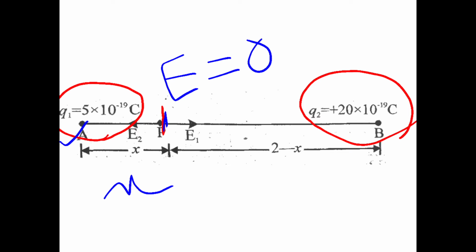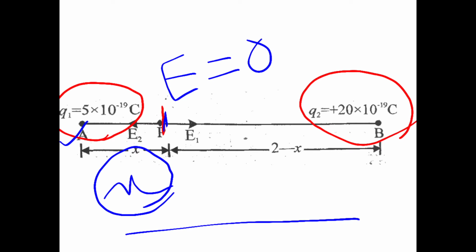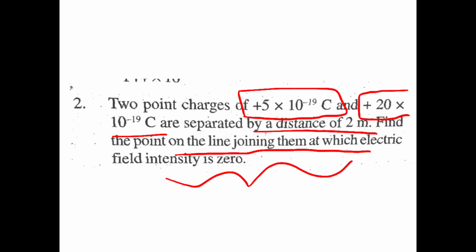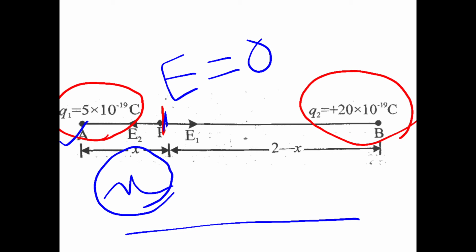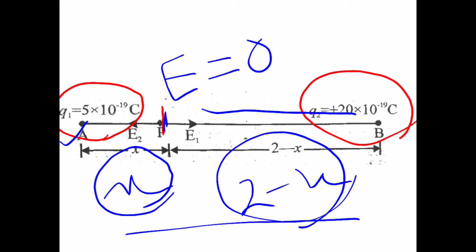That means the distance between A and P will be x. Here the total distance is 2 meter, as given. So the distance BP, between B and P, will be 2 minus x meter. This is already given. Can you understand the figure?